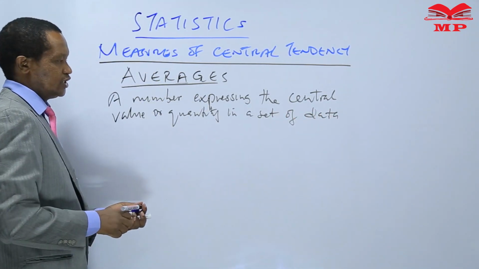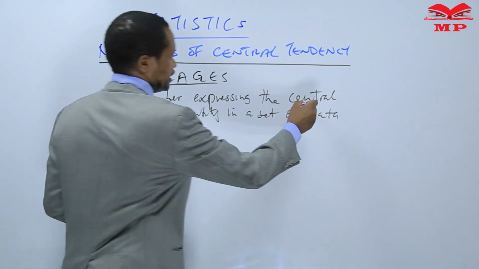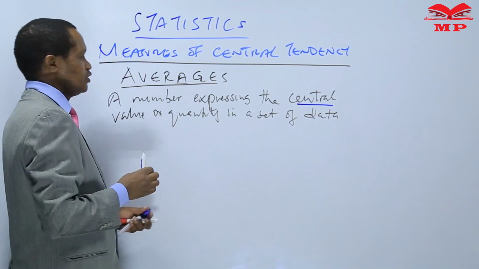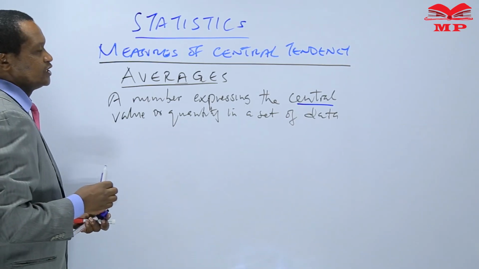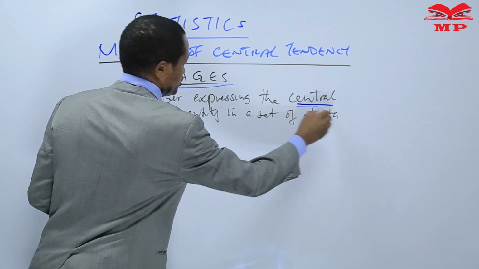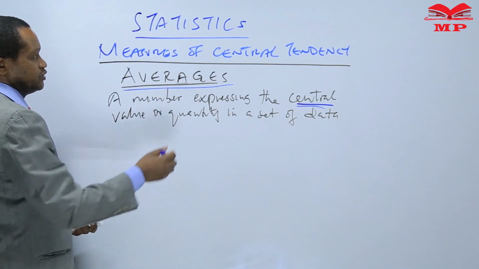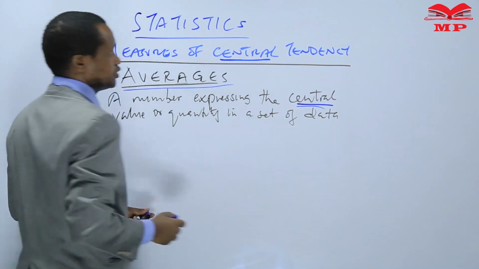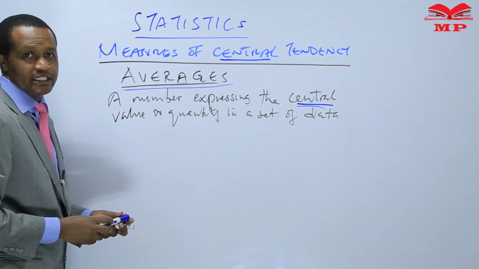Central value, the typical value in a set of data. This is an average. That's why we are referring to these as measures of central tendency.